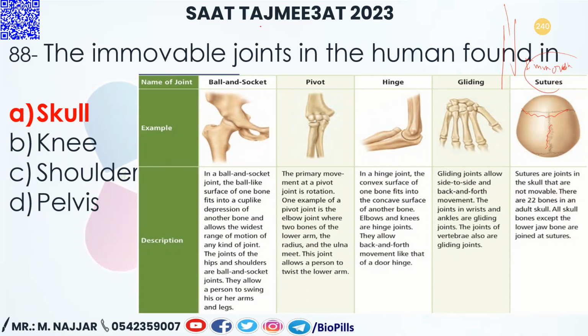Then we have freely moving. The freely moving are ball and socket, two in our bodies: the shoulder girdle and the pelvic girdle. The pivots are many in our body, such as the head and the cervical C7.